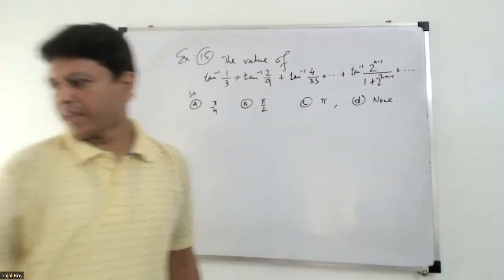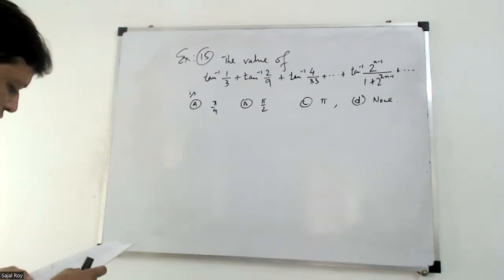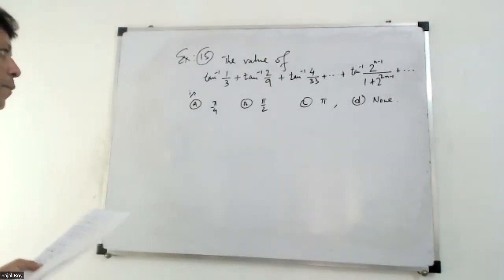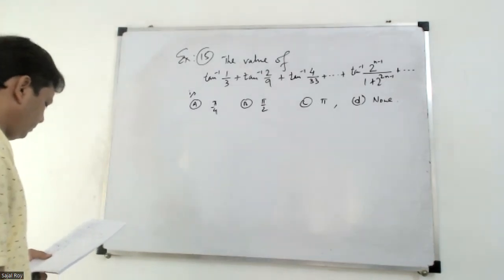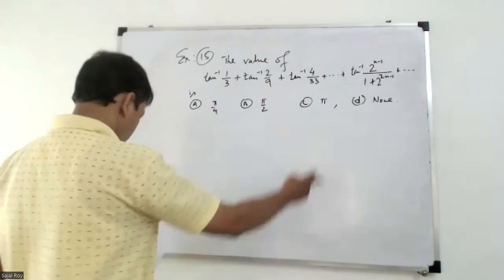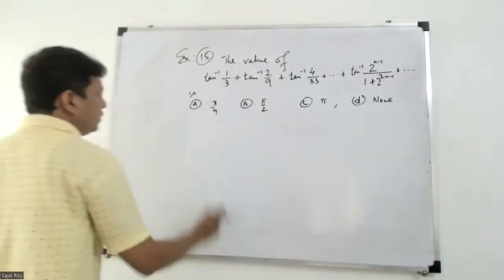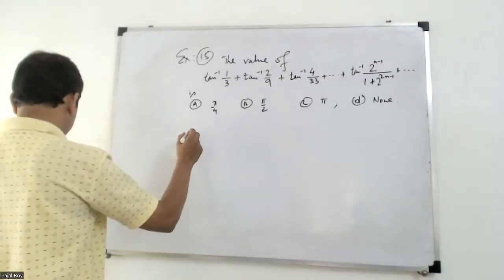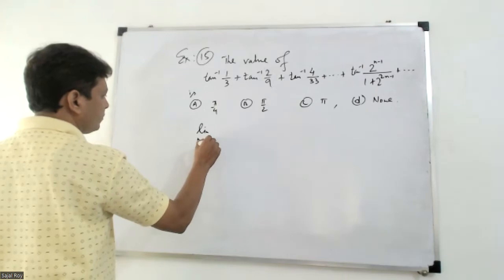Okay. Next part. Yeah, this one. What is the same type of problem? Just you have to identify the sum. Okay, let me write. This is the nth term, right? So let me write. This is infinite sum.